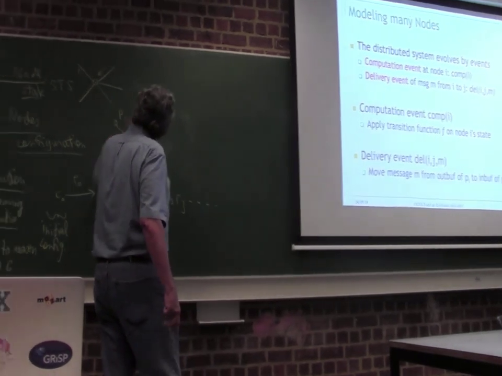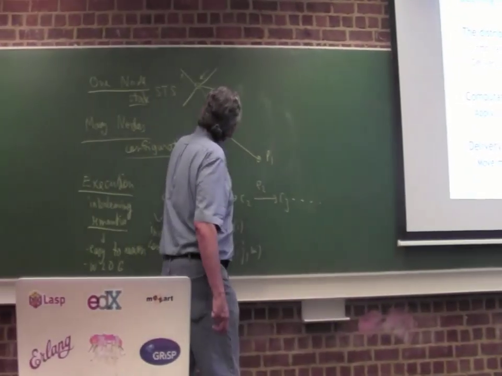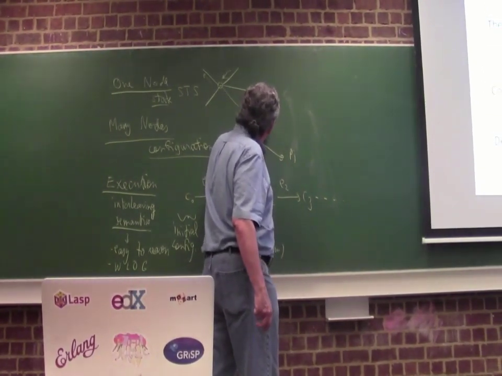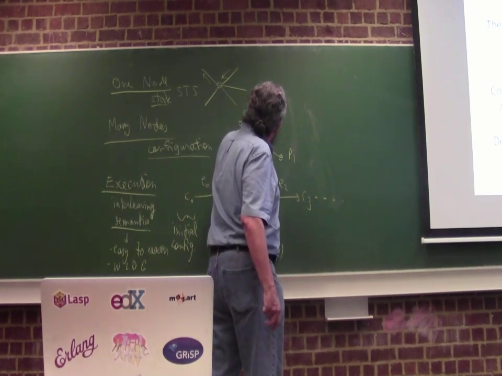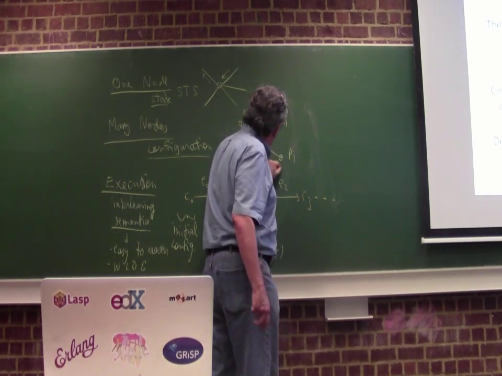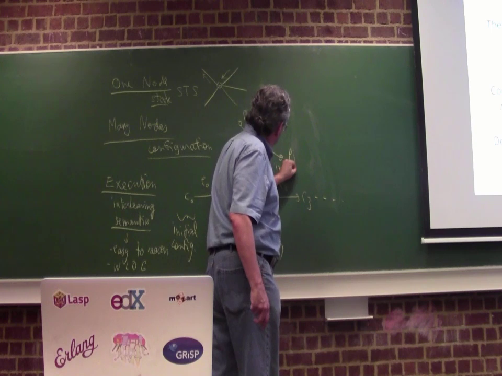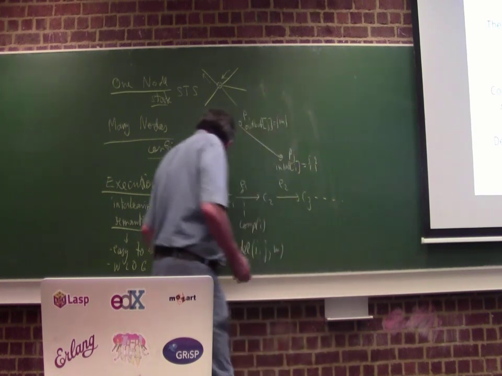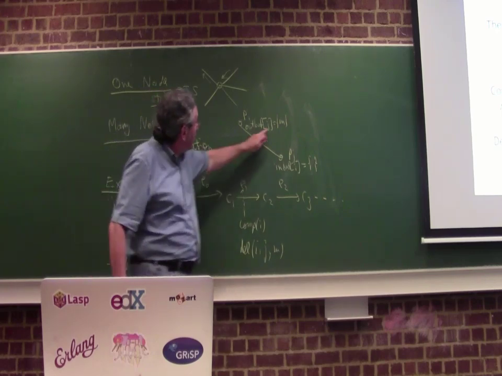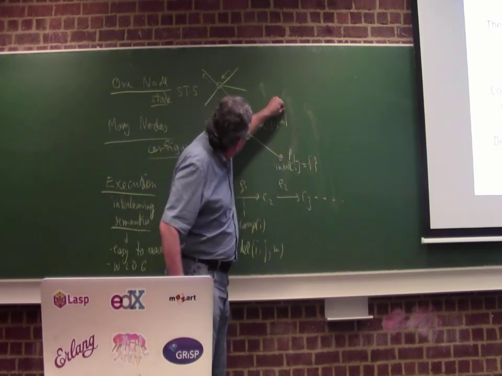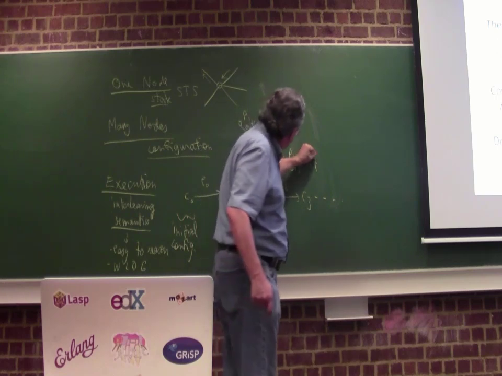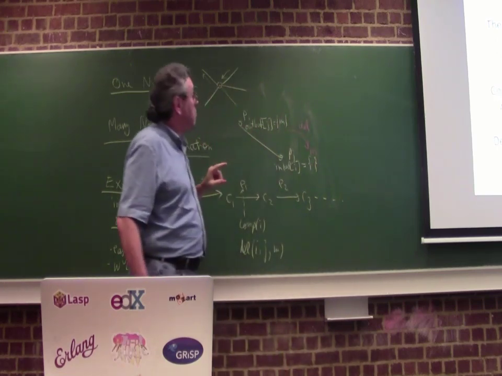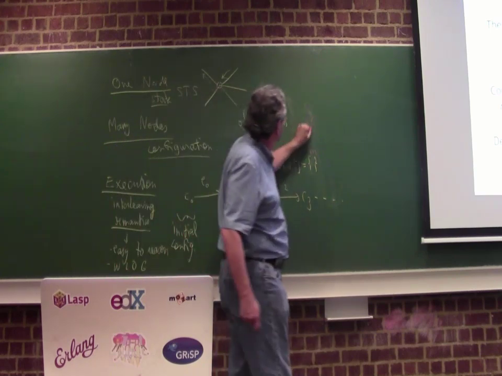If I have PI, PJ, I have an outbuff. So outbuff J will contain M. And here we have inbuff I. Starts out by being empty. And when we do a delivery event, we move the message M from the outbuff of PI to the inbuff of PJ.